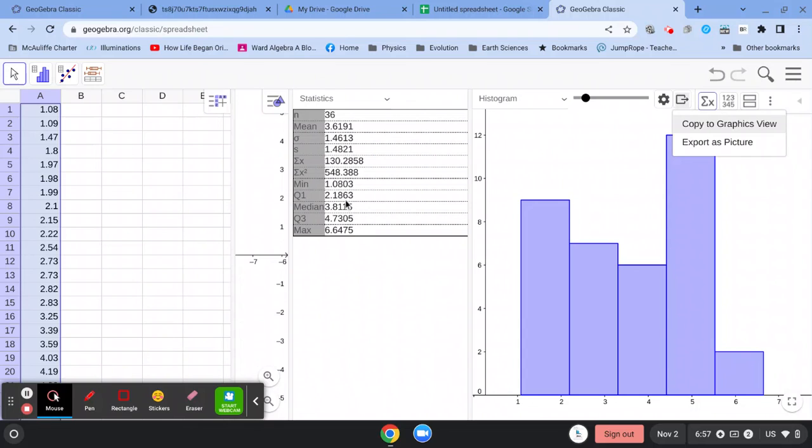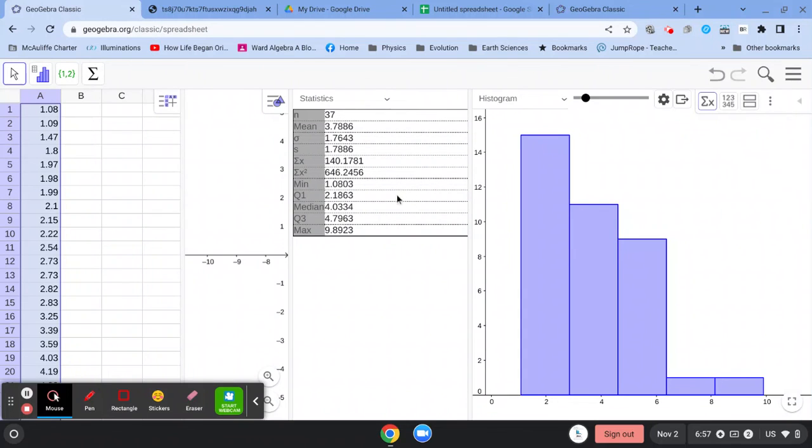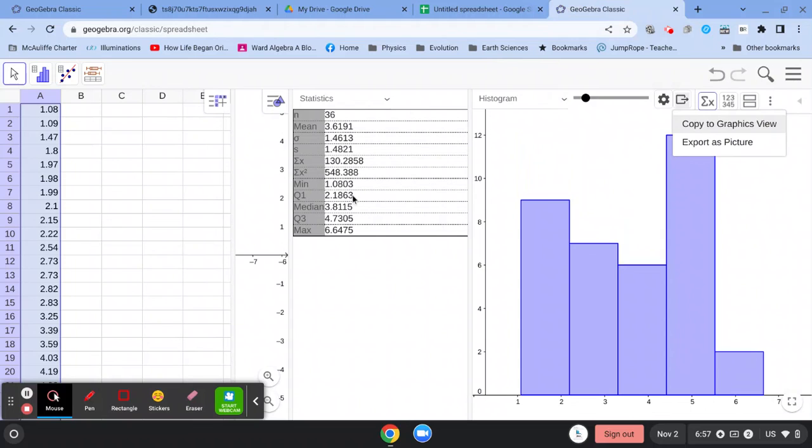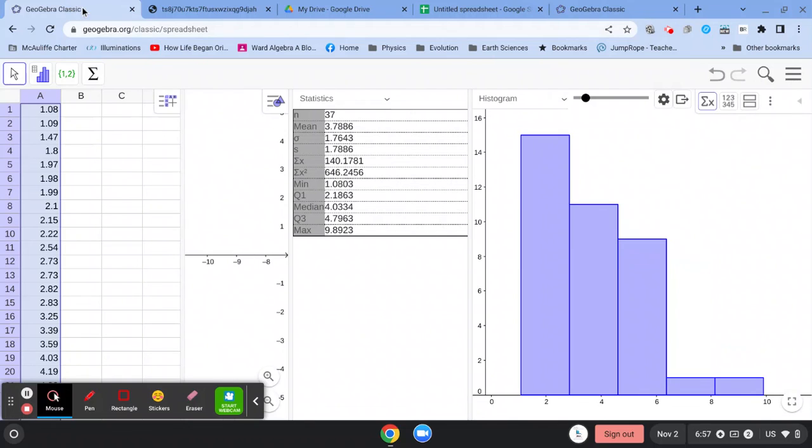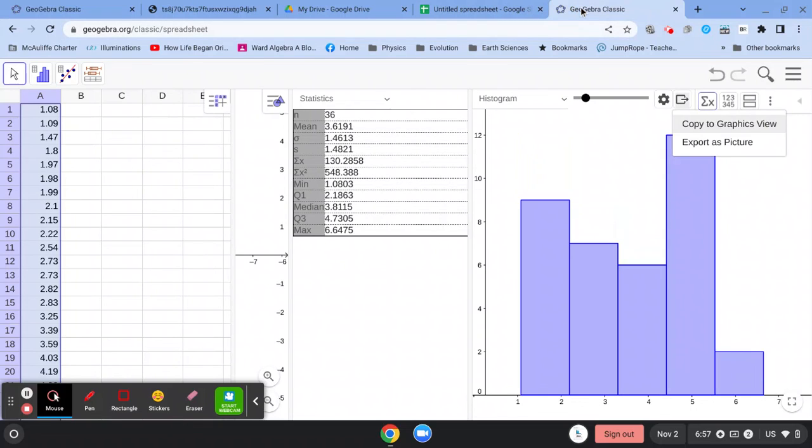We have a new maximum, same minimum, probably a new quartile 1. The median stayed, let's see, the new quartile 1, let's see, so that's the new one, 2.1863, it's still 2.1863. And then we look at quartile 3.